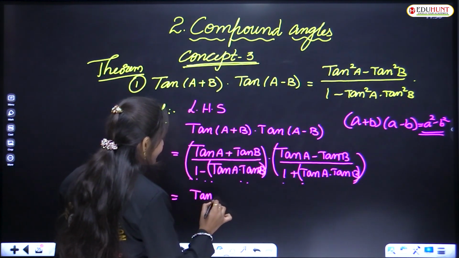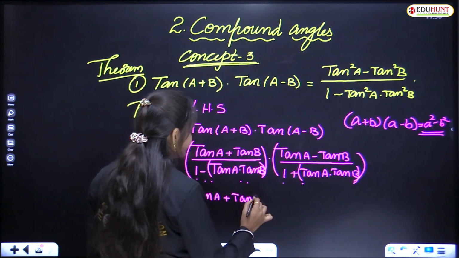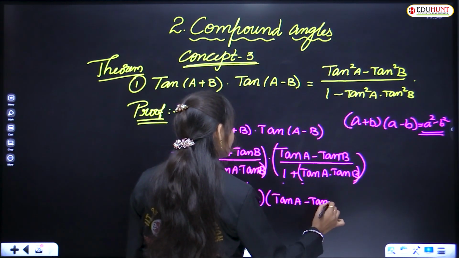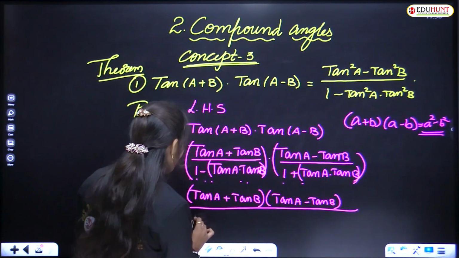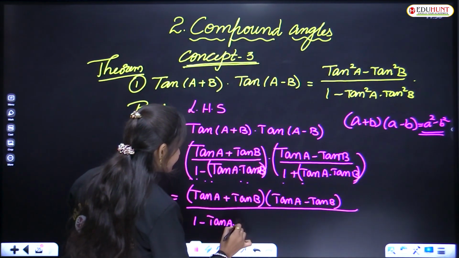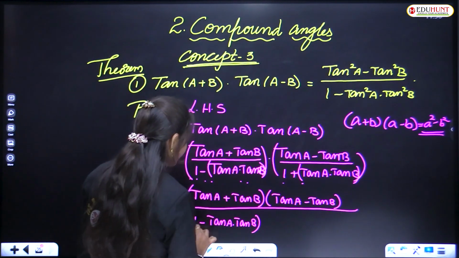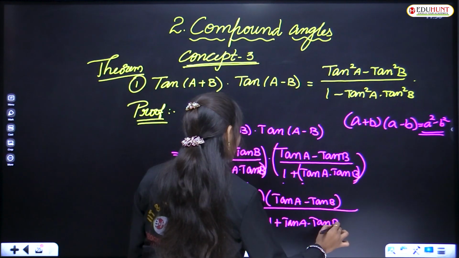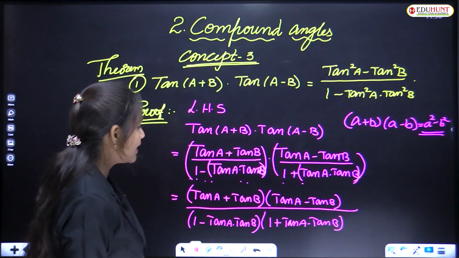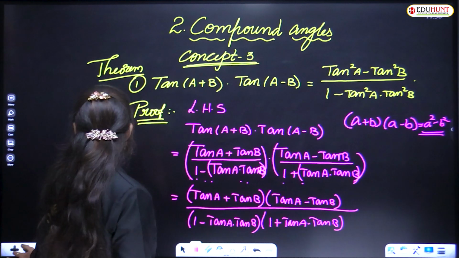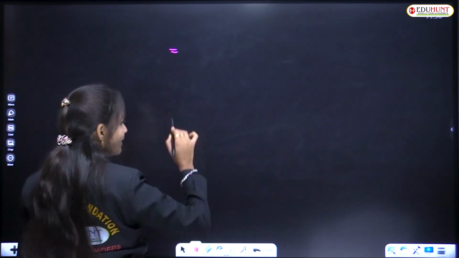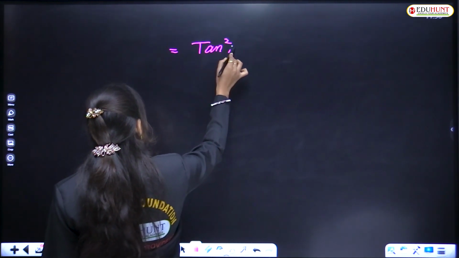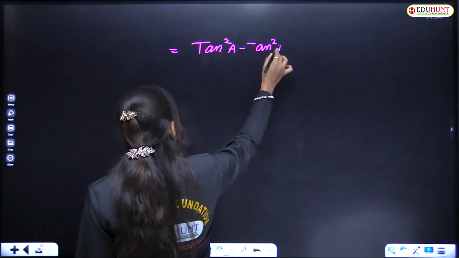So, tan a plus tan b into tan a minus tan b, whole by 1 minus tan a tan b into 1 plus tan a tan b. That is a plus b into a minus b by a minus b into a plus b, which is a square minus b square in the numerator: tan square a minus tan square b.